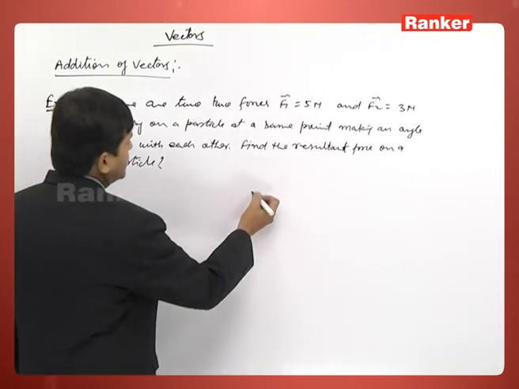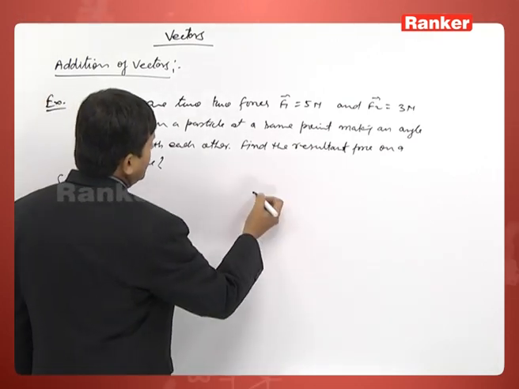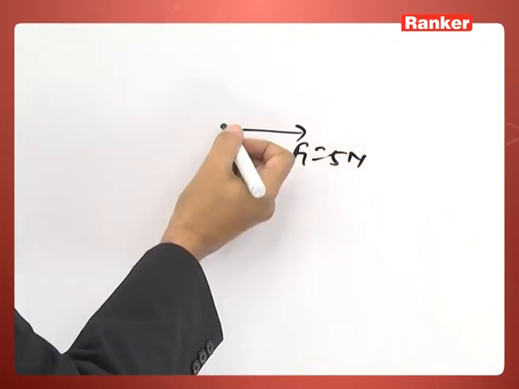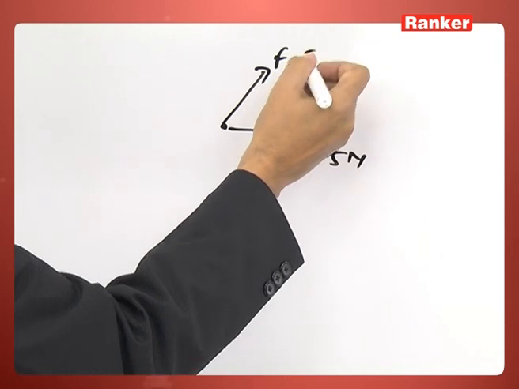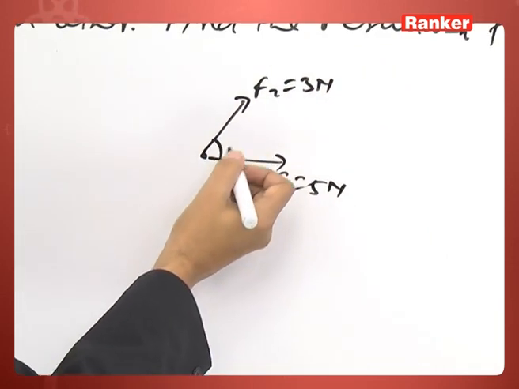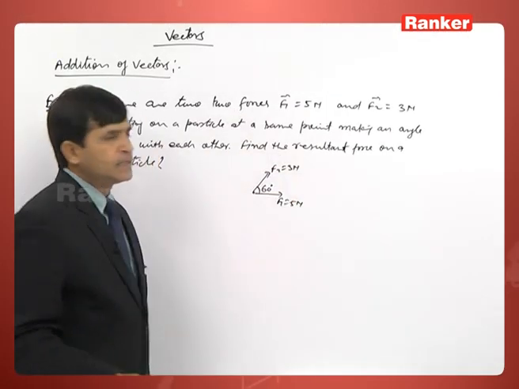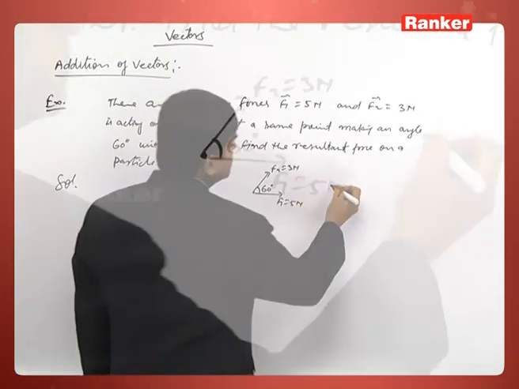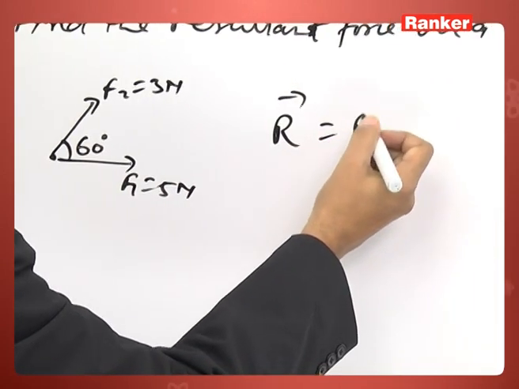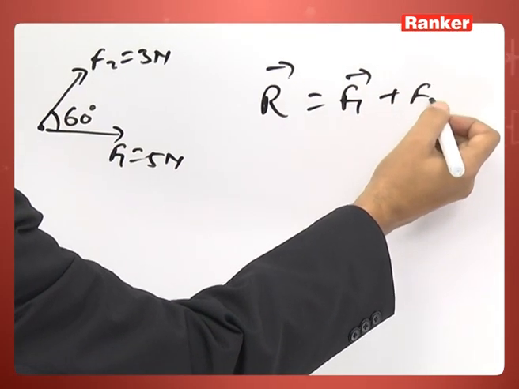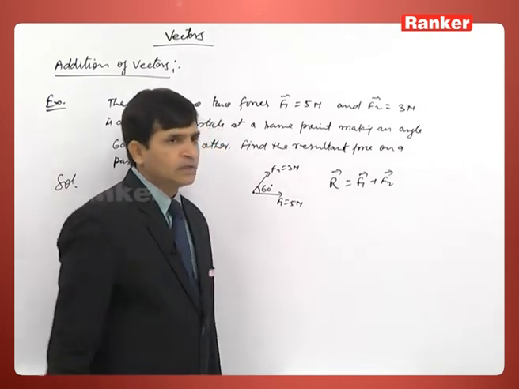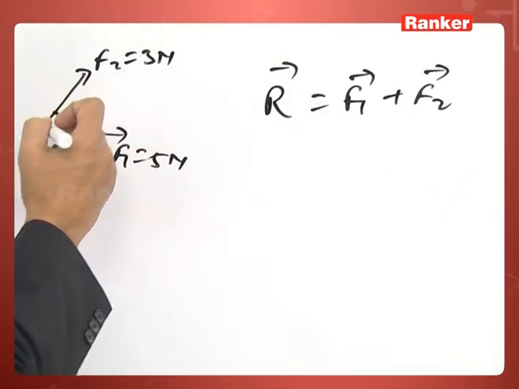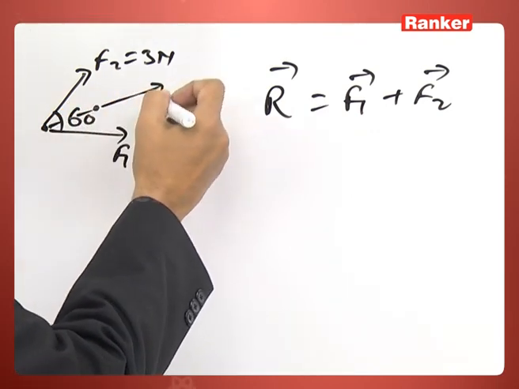So, this is the particle here. On this one force F1 is 5 Newton, another force F2 is 3 Newton, and this angle here is 60 degree. They are asking the resultant force. The resultant force R is nothing but vector F1 plus F2. As per the law of parallelogram, resultant force R will be in this direction.